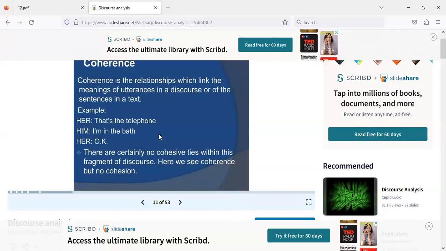Coherence means the connection of ideas at the idea level. Cohesion means the connection of ideas at the sentence or structure level, or grammar, we may say. Am I clear to you? Yes, ma'am. So in this dialogue, even though they don't have any cohesive ties, you can understand it because the coherence is there.